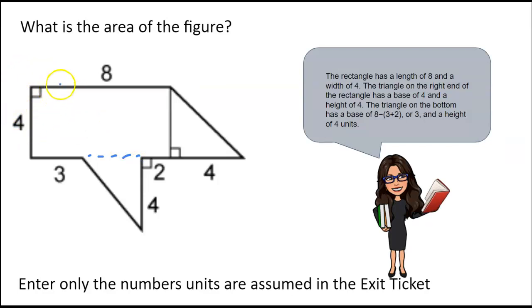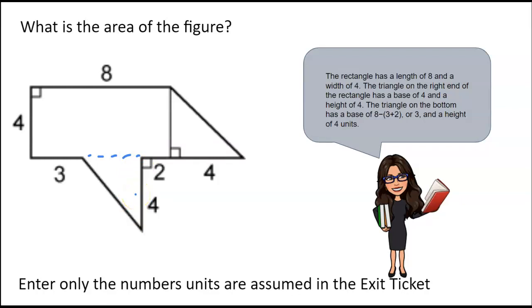The rectangle has a length of 8 and a width of 4, while the triangle on the right end has a base of 4 and a height of 4. The triangle on the bottom has a base of 8 minus 3 plus 2, or a base of 3 and a height of 4.